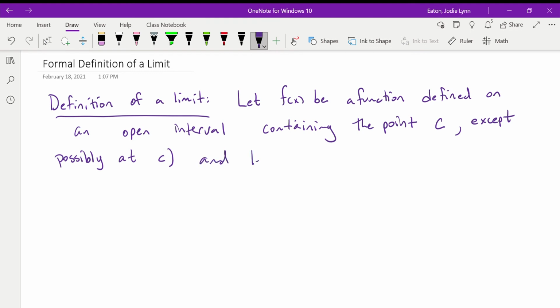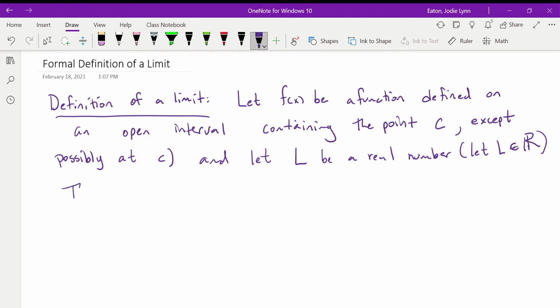And let L be a real number. You might see that written as just let L element of R. That means the same thing.